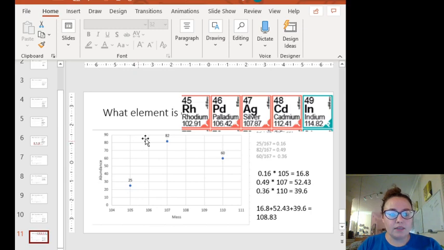And if I look at this bottom number that's larger than the atomic number, this mass number, which is protons and neutrons, the closest one is this silver atom right here. So this graph depicts the isotopes of silver.